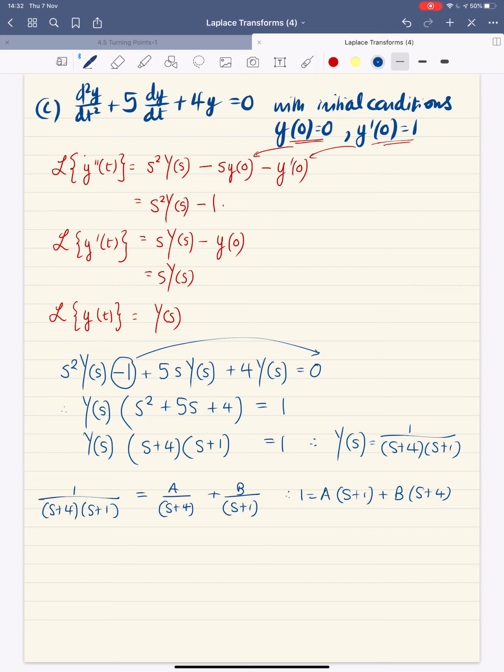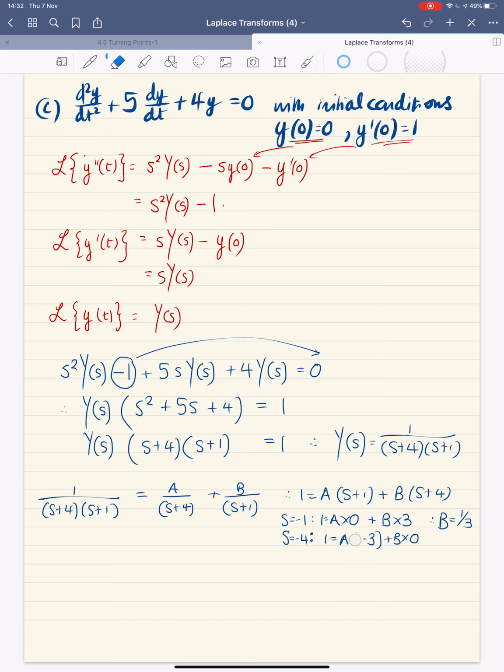If we let s equals minus 1, we get 1 equals a times nothing plus b times 3, because minus 1 plus 4 is 3. So b is 1/3. And if we let s be minus 4, we get 1 is a times minus 4 plus 1, which is minus 3, plus b times nothing.